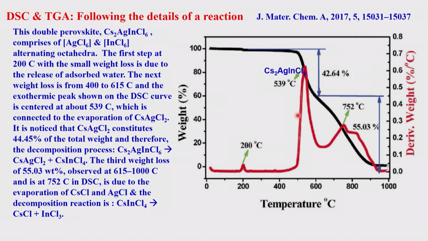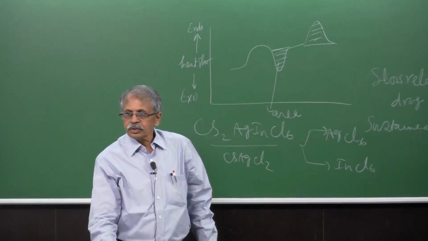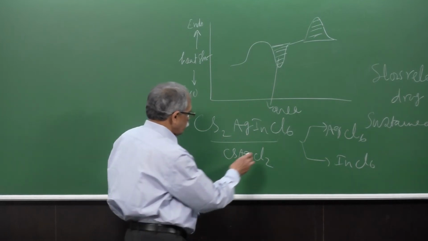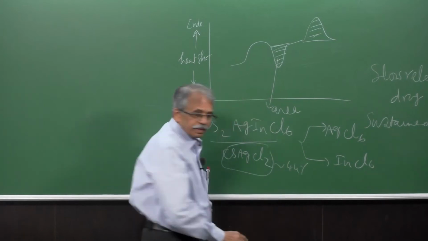There is a 43% weight loss. So, this one, cesium silver chloride, is the compound which is volatile at that temperature and will go out. It can be evaporated as CsAgCl2.